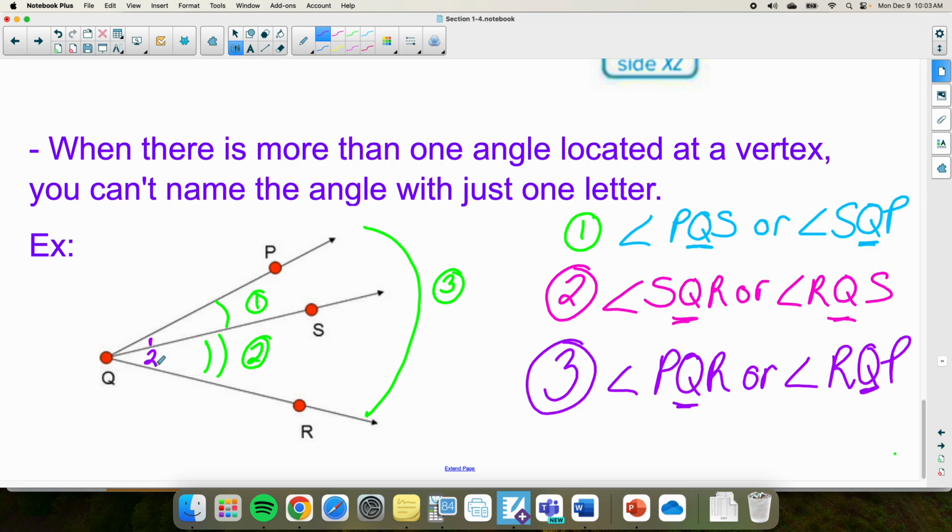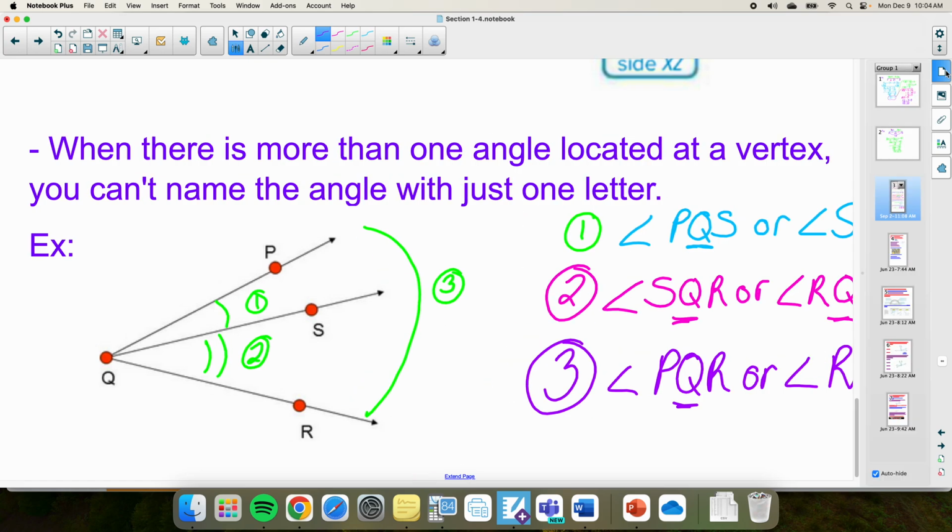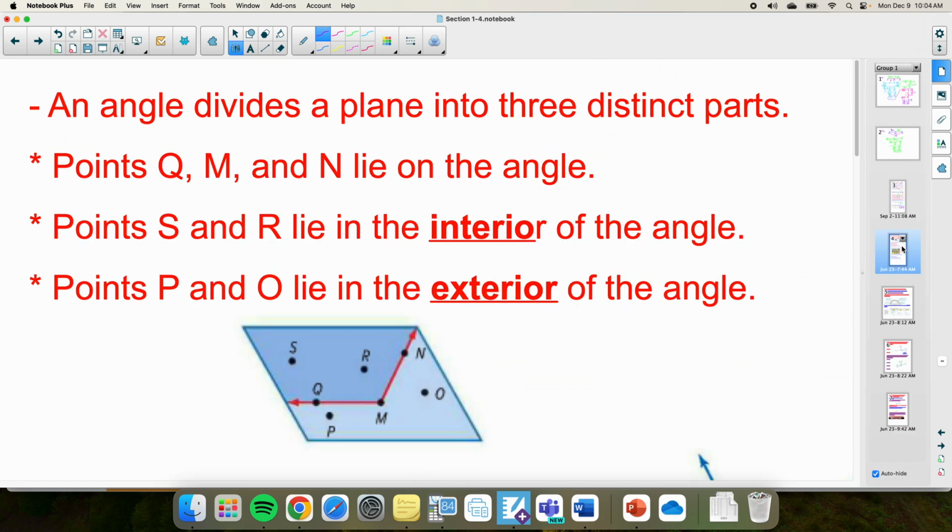So in this one, if it didn't tell you which one to name, do you have to name all 3? No, usually they'll make reference and ask you to name one of them, and then you would know which one to name. But I don't think there's a problem where you have to name all 3.